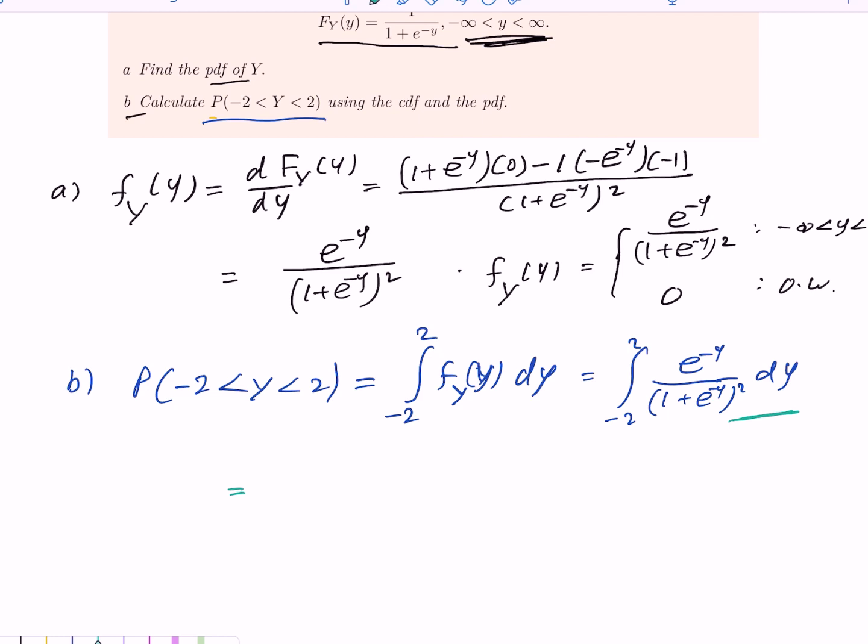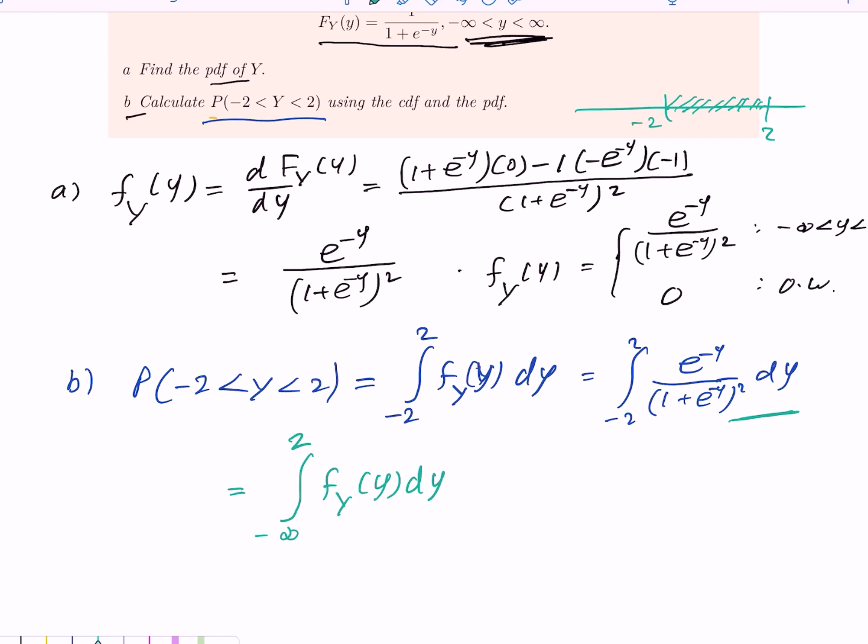Actually, negative 2 to positive 2, this is the interval we consider. I write this one this way: from negative infinity to positive 2 of f_Y(y) dy, so you can write it if you need the formula.